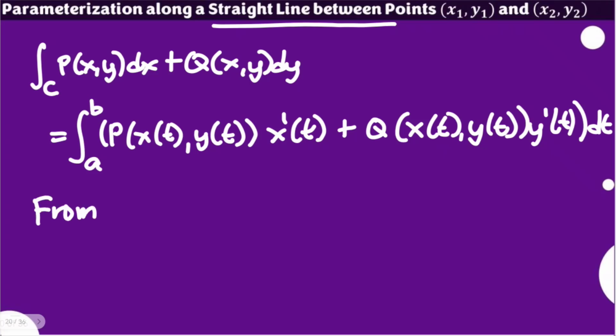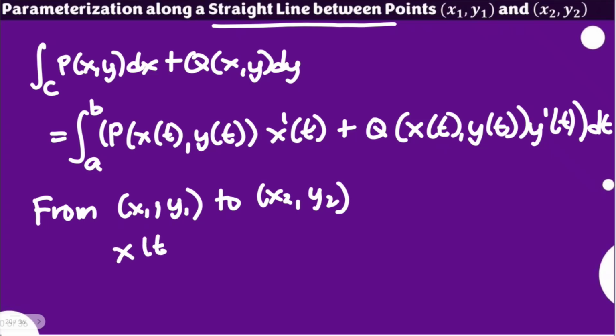Again, this is a straight line from x sub 1 and y sub 1 to your x sub 2 and y sub 2. Your parameters for your x and y will be this one here. Your x of t will be equivalent to x sub 1 plus t times x sub 2 minus x sub 1.